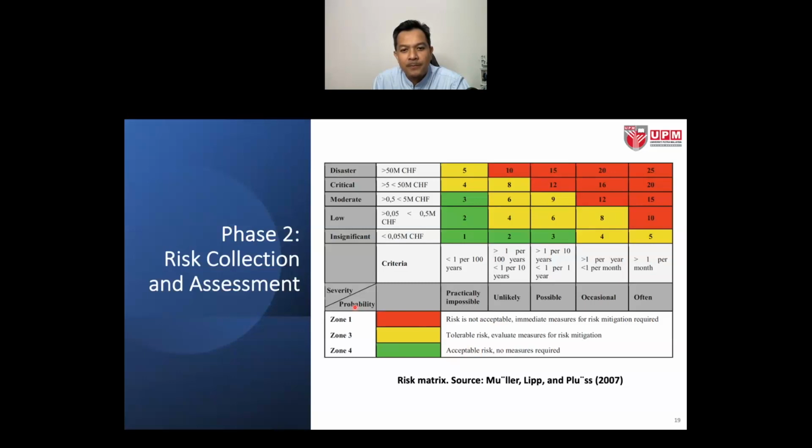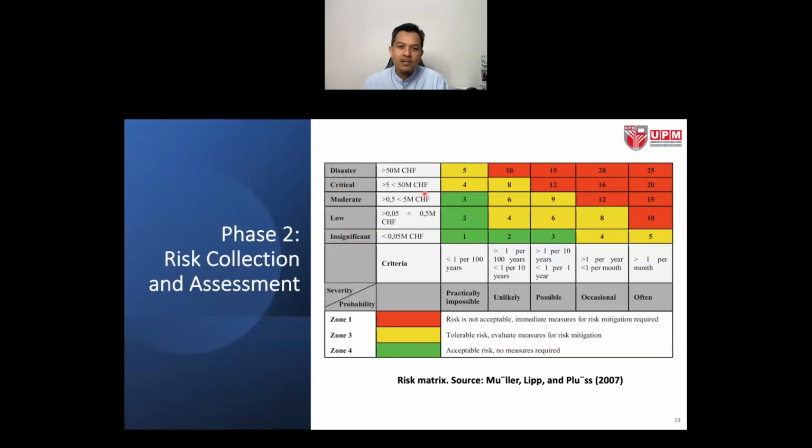Okay, so basically in the risk matrix, we also have the probability, whether it is practically impossible, unlikely, possible, occasional, or often, as well as severity, whether it is insignificant, low severity, moderate, critical, or disaster.